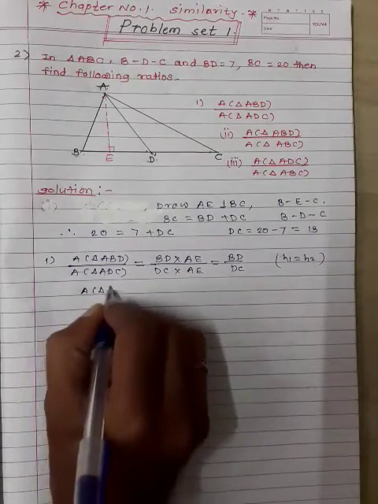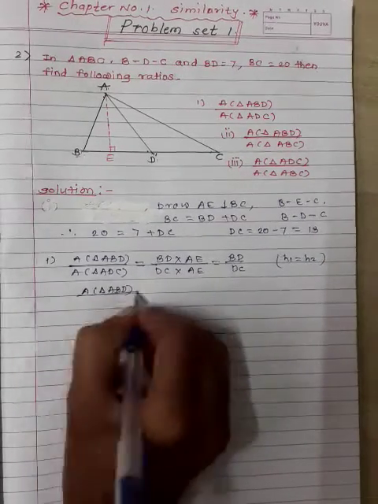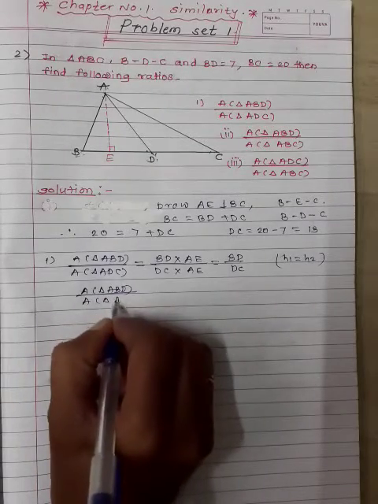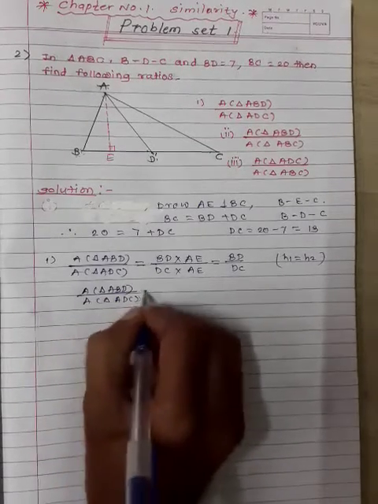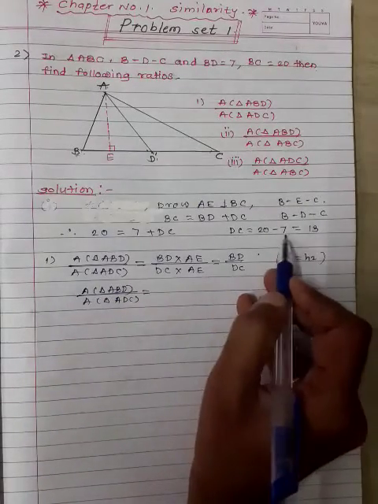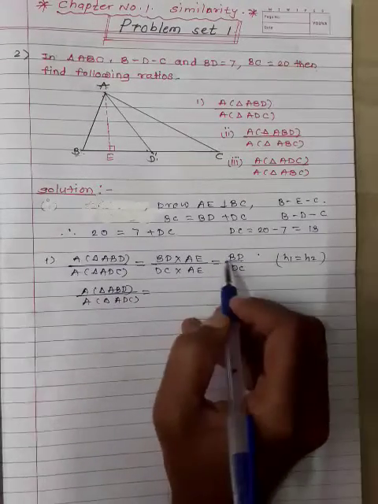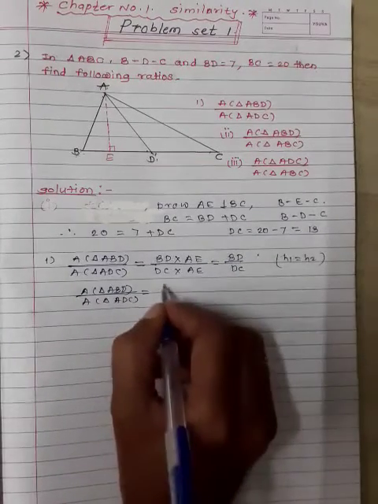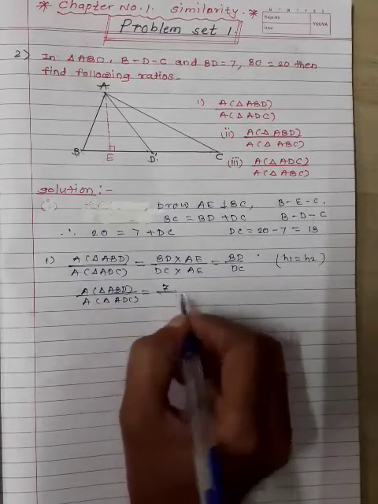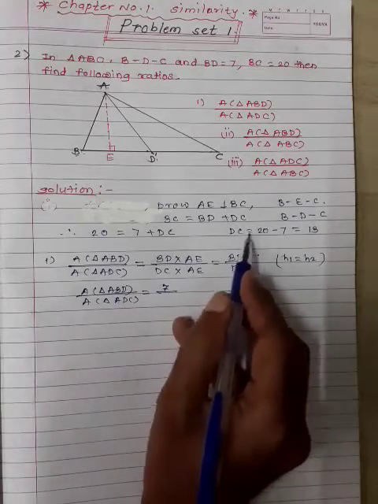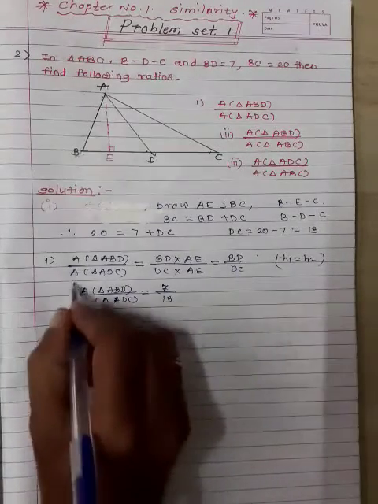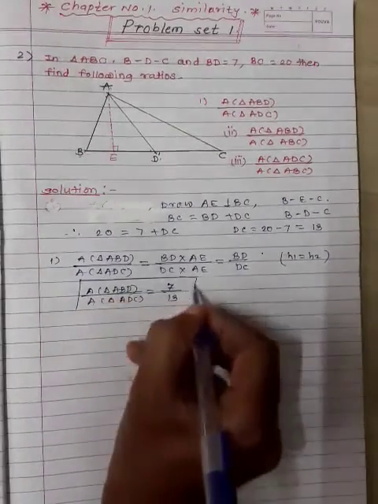Area of triangle ABD upon area of triangle ADC is equal to BD, which is 7, and DC is 13. This is the first answer.